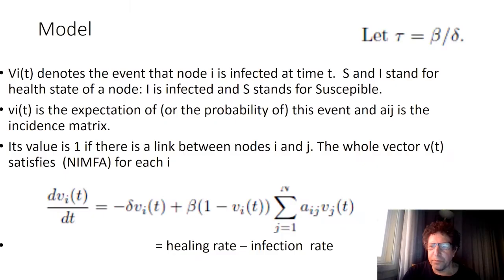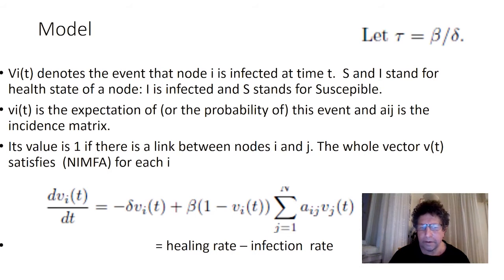I now introduce the NIMFA approximation. Let capital V_i be the event that the ith node is contaminated. Then the expectation of V_i, which we denote by small v_i(t), is the probability that node i is contaminated. And its derivative is proportional to v_i(t).